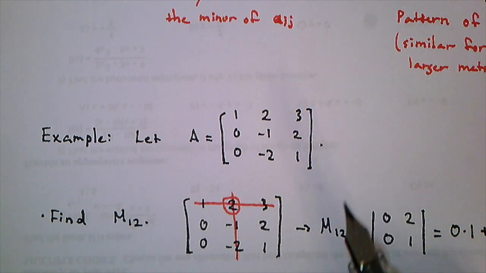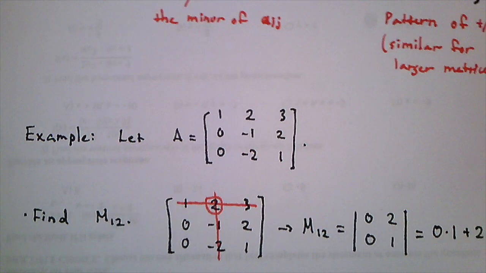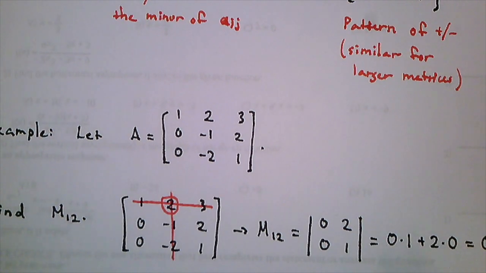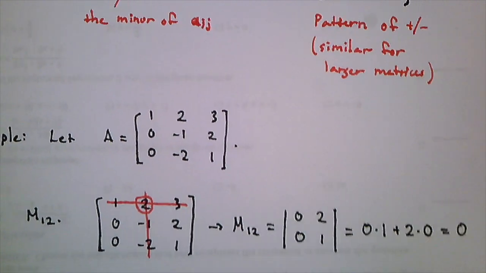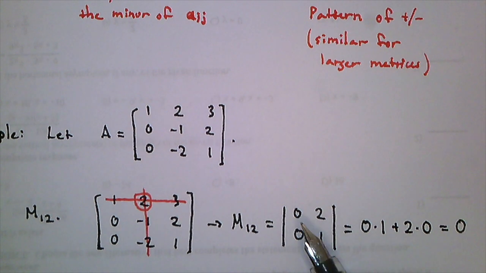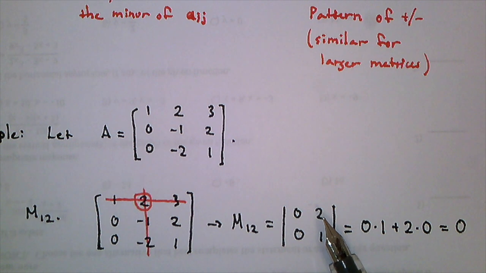And this is a 2 by 2 determinant, so we know how to do it. We multiply 0 and 1 and subtract the product of 2 and 0. Both of these are 0, so overall we get 0 for our minor.